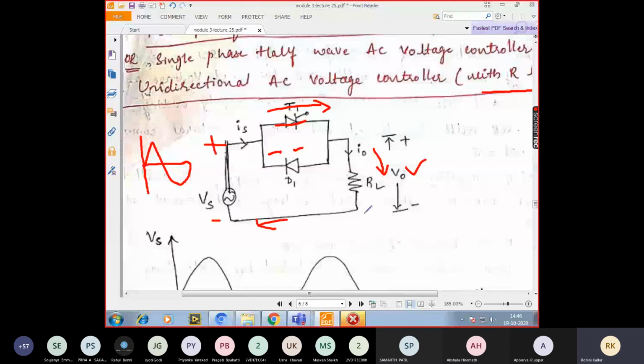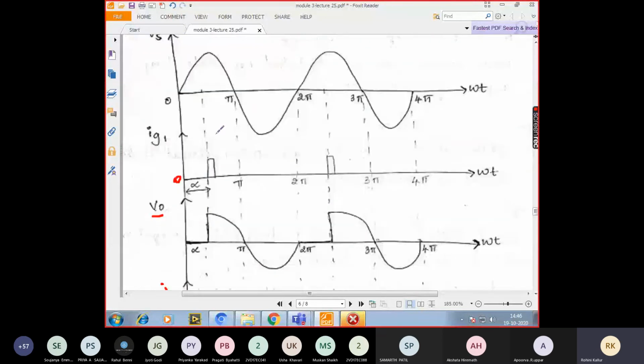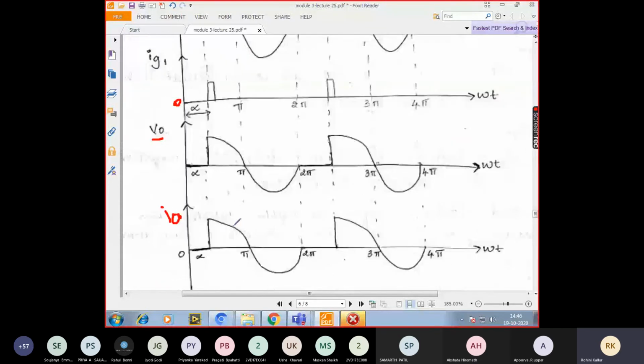Due to the flow of current in the resistive load, an output voltage called V0 is developed, which is equal to the input voltage. So after it is conducting, this part of the waveform, we get as output voltage as well as output current.